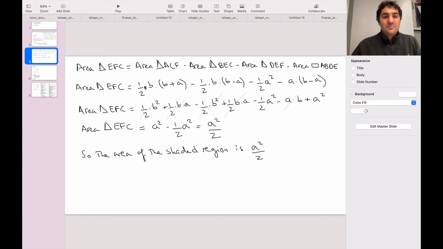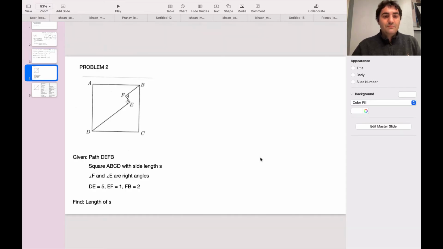So we just substitute the values that we found. We do some algebra, we simplify, we find that area of triangle EFC is equal to A squared divided by 2. So the area of the shaded region, the triangular shaded region, is A squared divided by 2.